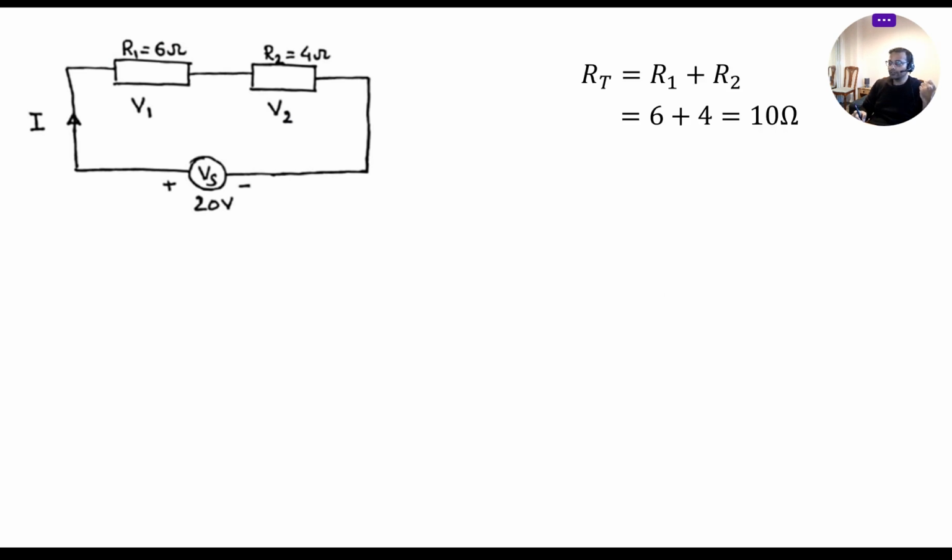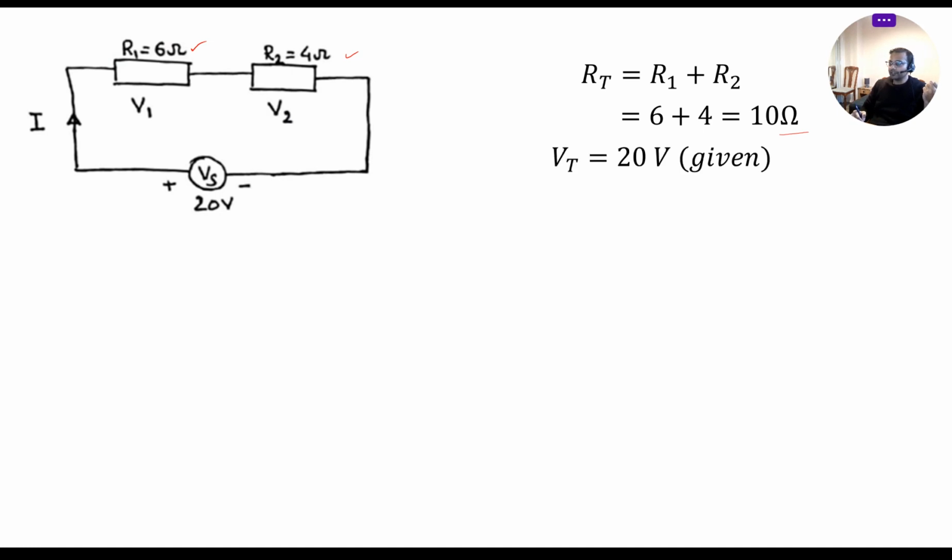The total resistance will be simply R1 plus R2. Be careful with the units. Both the resistances are in ohms, so we don't need a unit conversion here, but in other numericals, you may need to convert the units. It's simply 6 plus 4, which is 10 ohms.